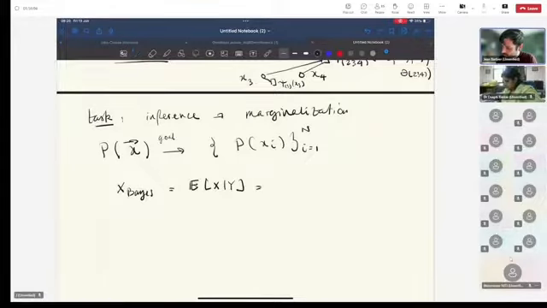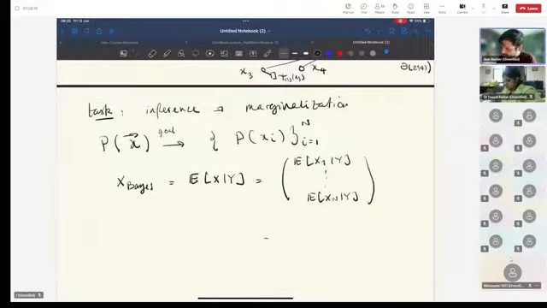This is really the vector of marginal means: the expectation of X1 given Y, up to Xn given Y. And these expectations are the integral with respect to P x1 of x1 dx1 and so on.